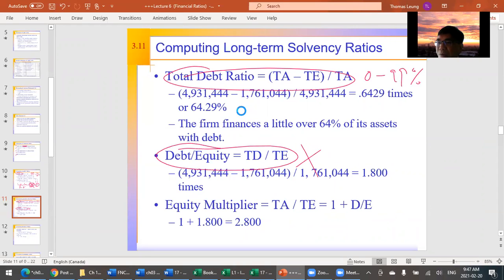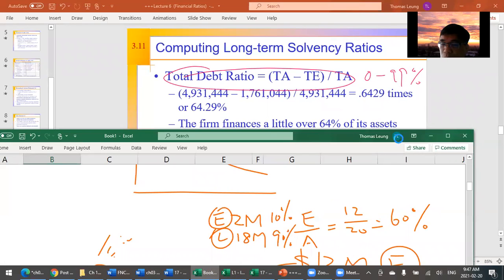So by finding out the percentage, we can have an idea right away whether we borrow a lot or not. Now, why do I say this is no good? Because if you divide the debt by equity, then you will have no idea of how much you borrow. Now, let's go back to here.